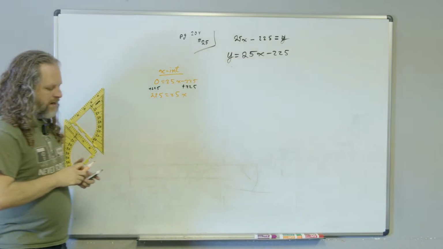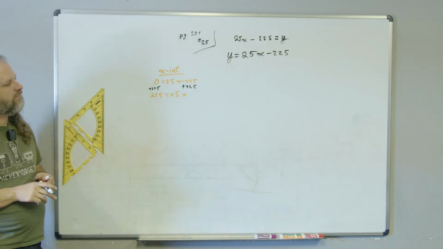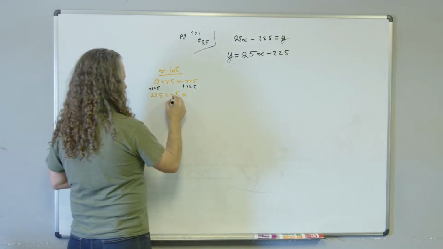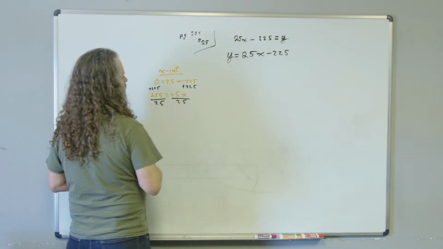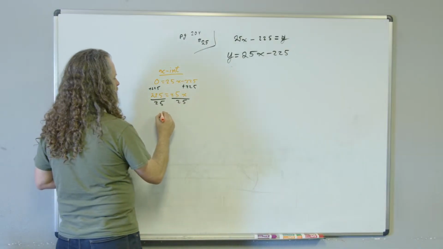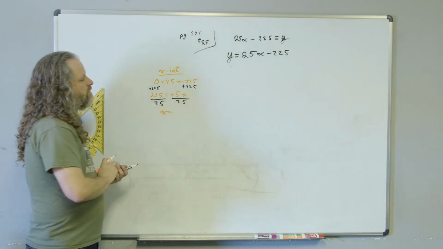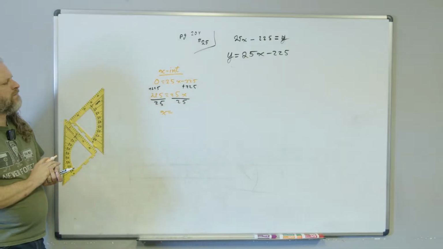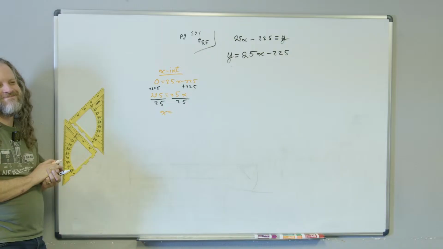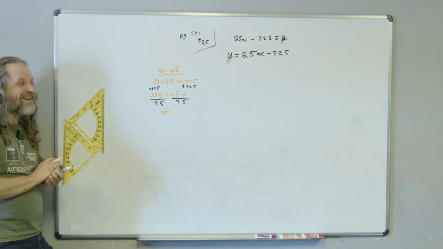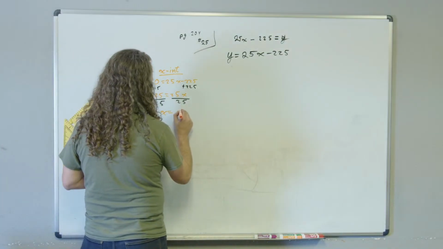Now what? Divide by 25. X equals 9. He's right, it is 9, I agree.